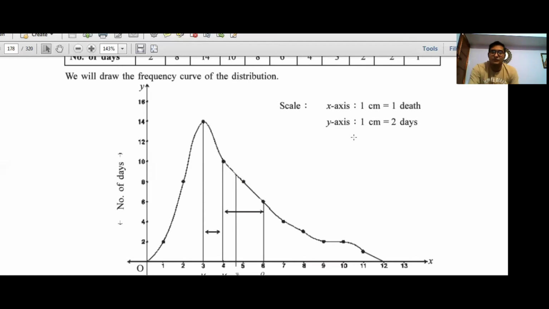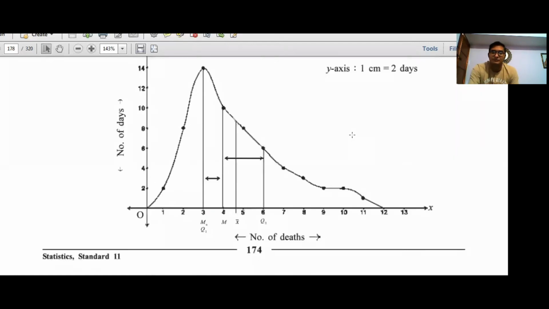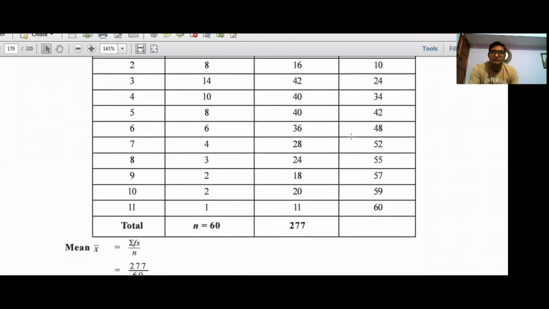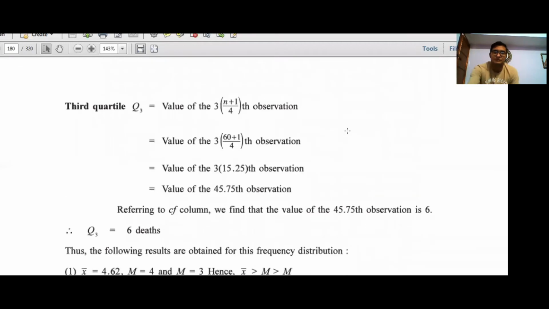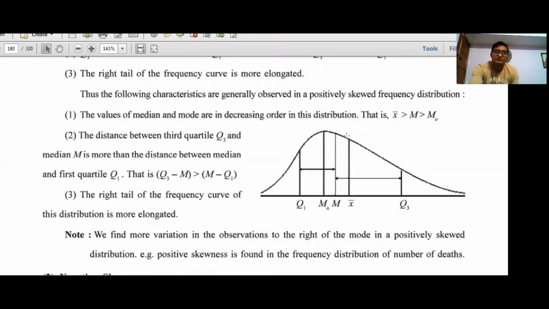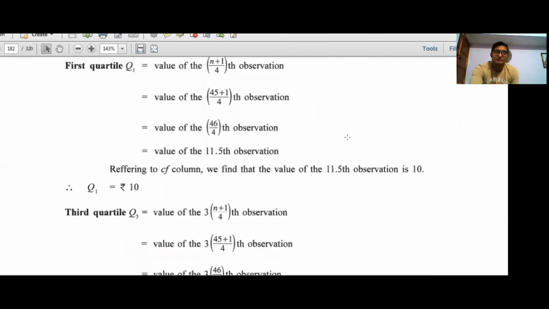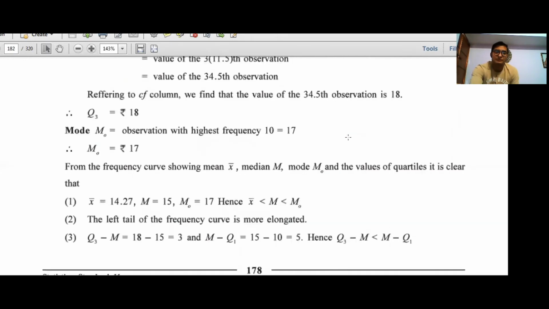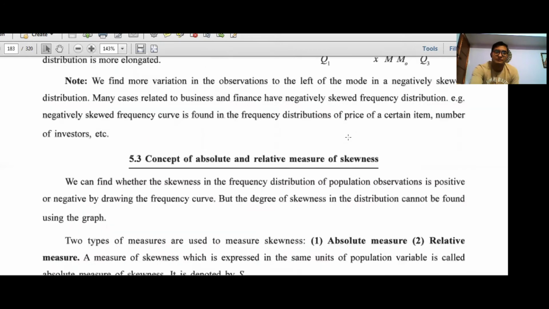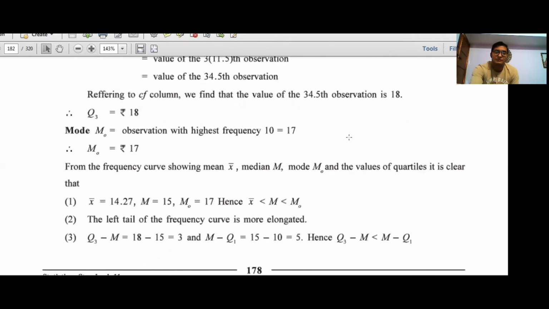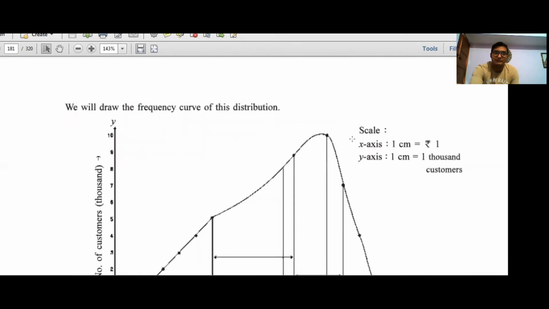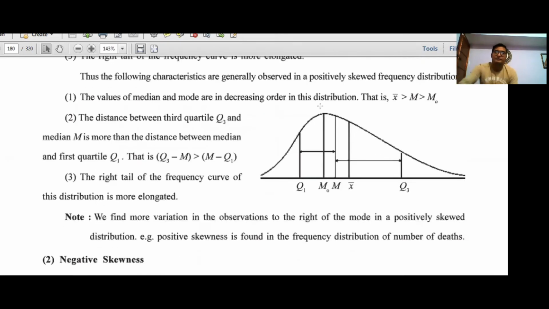And next one, negative skewness. Yes, this one.